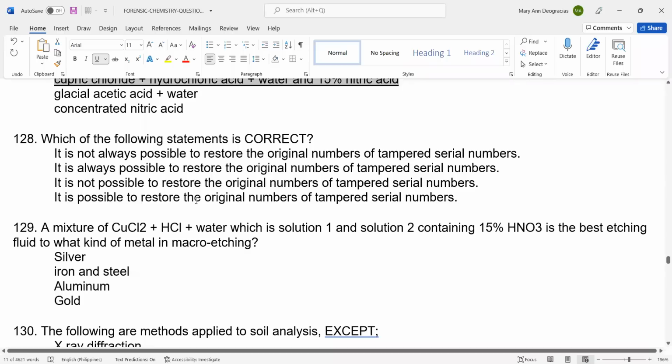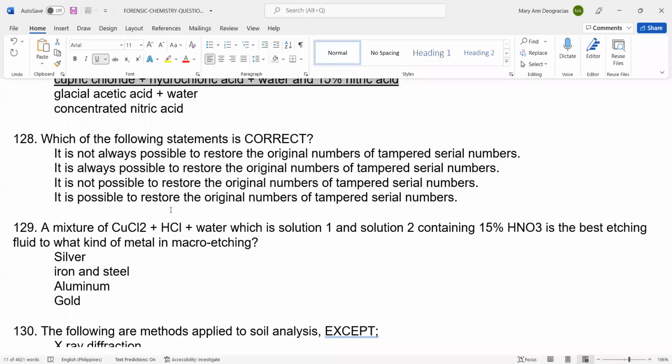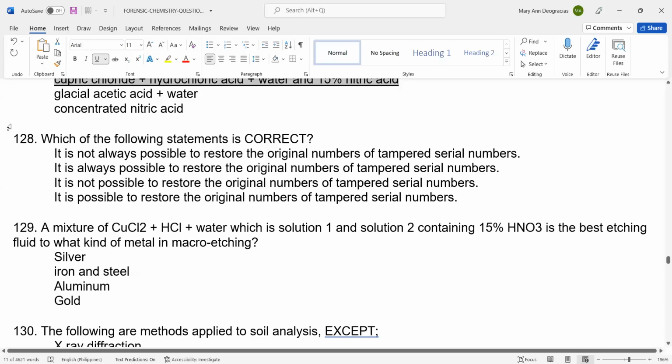Letter D, it is possible to restore the original numbers of tampered serial numbers. Which is the best answer there? Parang para-parehas, di ba? It's just a matter of understanding the question. Okay, the best answer there is letter A. Okay, why? It is not always possible, especially if the filing is too deep.